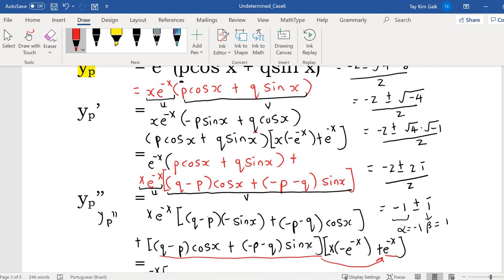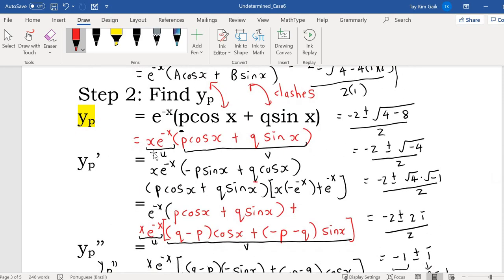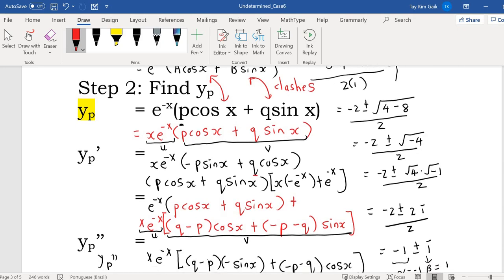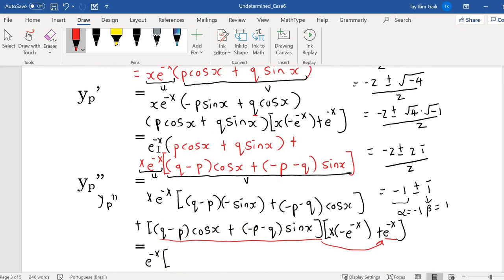Let us check back whether this line is the y p. This is the u, this is v prime, this is v, this is u prime. Simplify it, you get the y p prime. So differentiate it a second time.